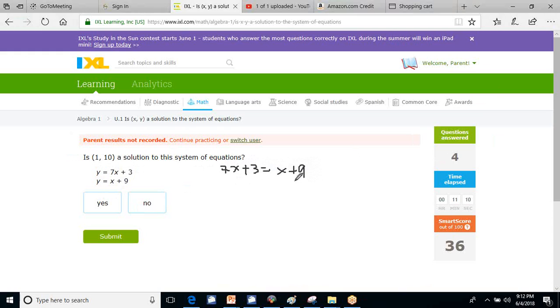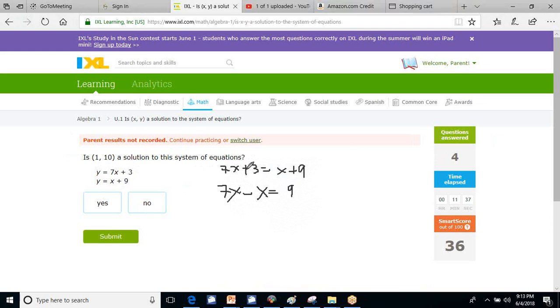If you carry all your variables to the left hand side, this becomes 7x. If you're going to bring this x to the left hand side, it becomes minus x. You have to change the sign because it's a positive x on the right side. And that is equal to 9.